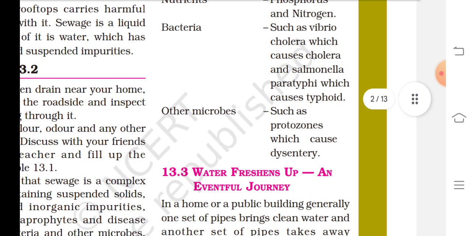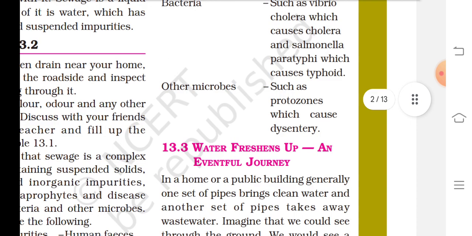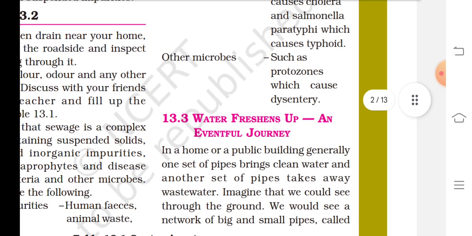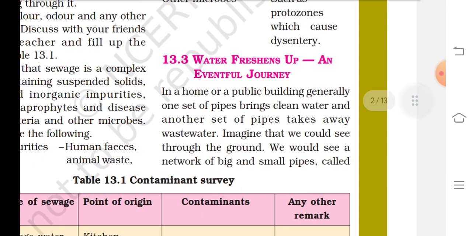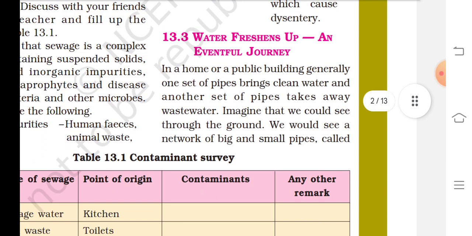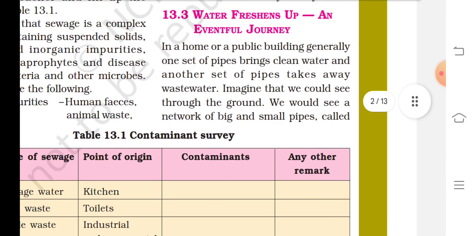Bacteria such as Vibrio cholerae, which causes cholera, and salmonella, and other microbes such as protozoa which cause dysentery, and water fresheners.